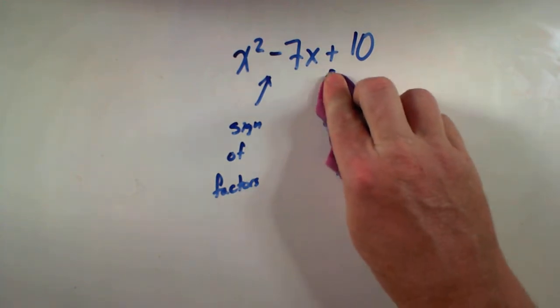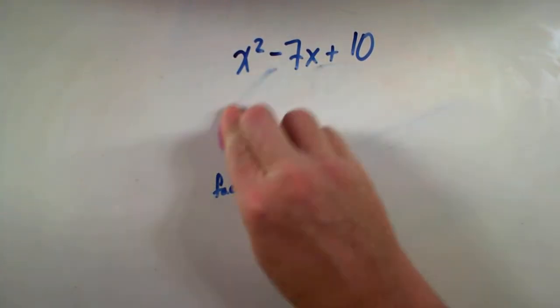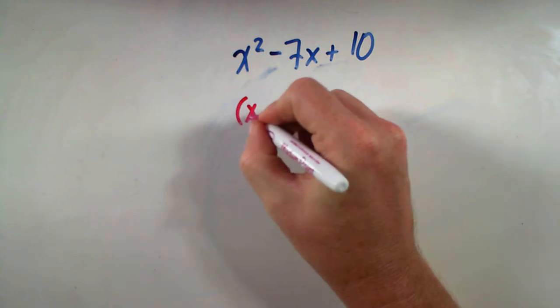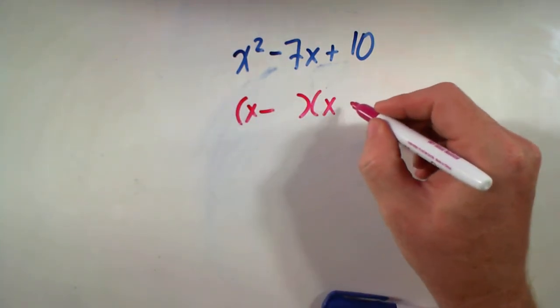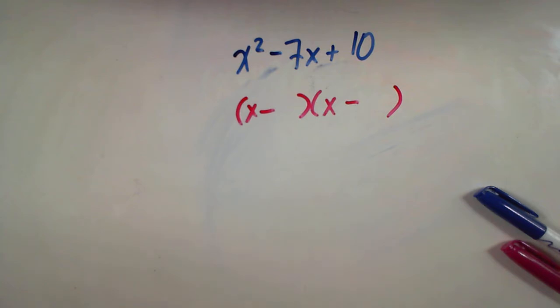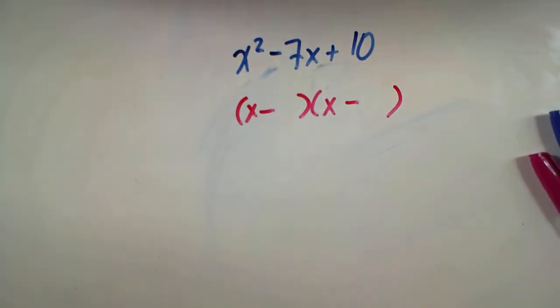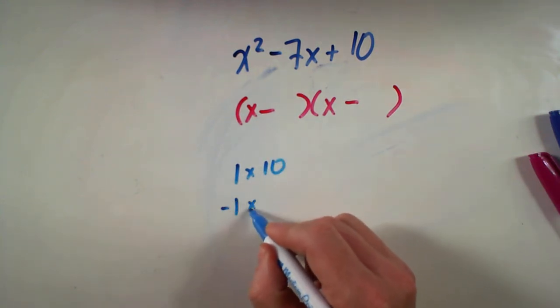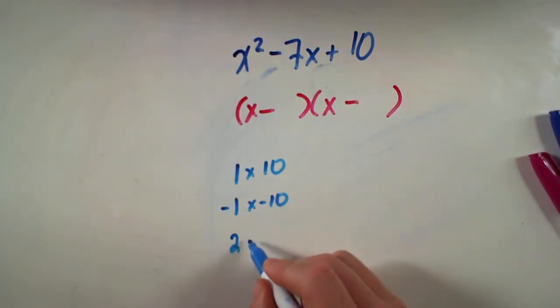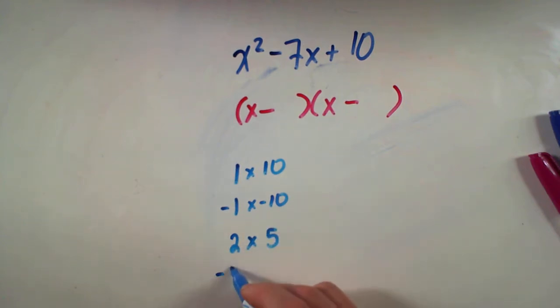So in this problem, that lets us know that we are looking for x minus something, and then x minus something again. Now again, I'm going to belabor this a little bit, but if you get this quicker, you do not have to show all of these factors. But how do I get 10? 1 times 10, negative 1 times negative 10, because remember we're looking for negative numbers, 2 times 5, negative 2 times negative 5.